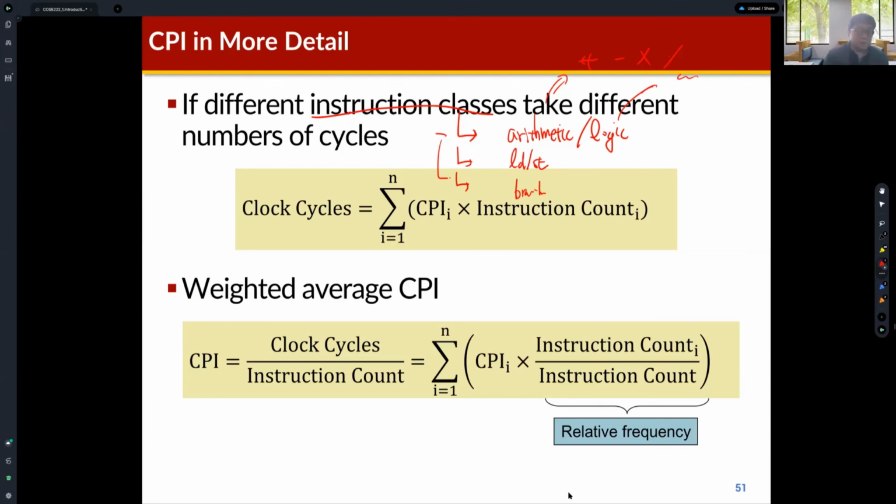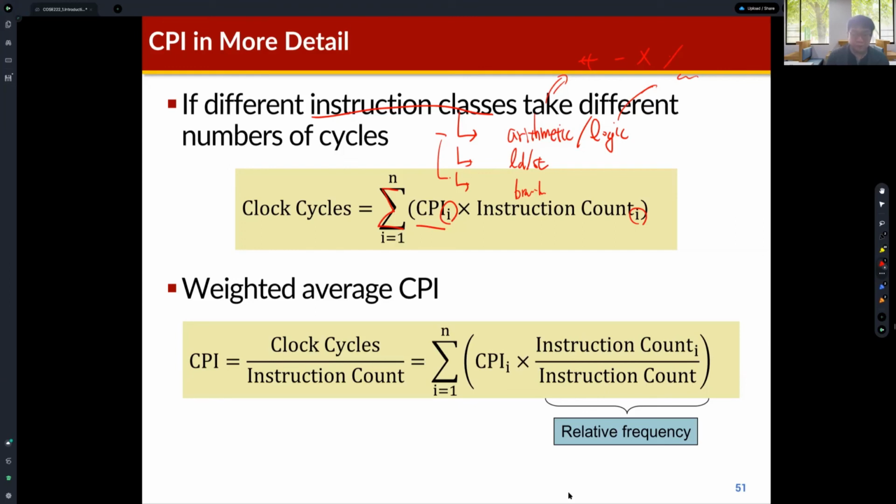And then if the different instruction classes have different CPI values, then we can calculate the clock cycles like the CPI of some instruction class i multiplied by the instruction count of class i, and then we sum over all kinds of instruction classes.